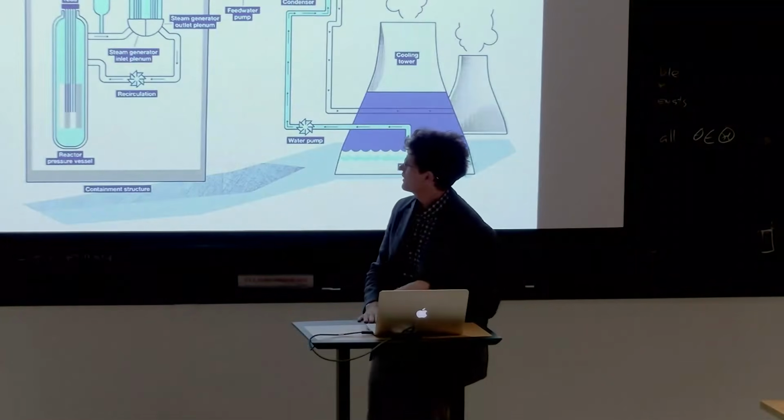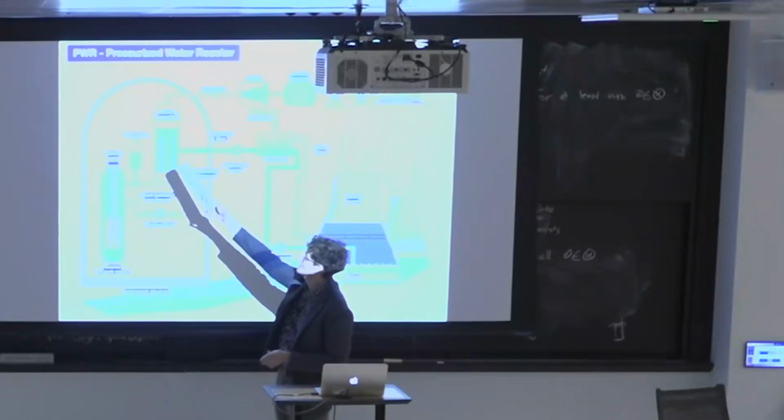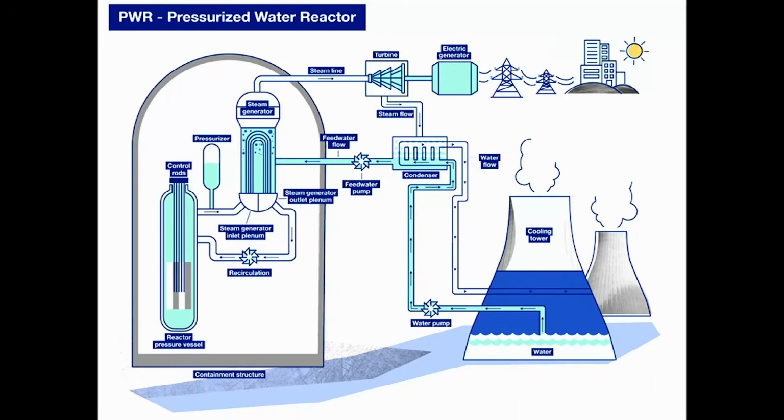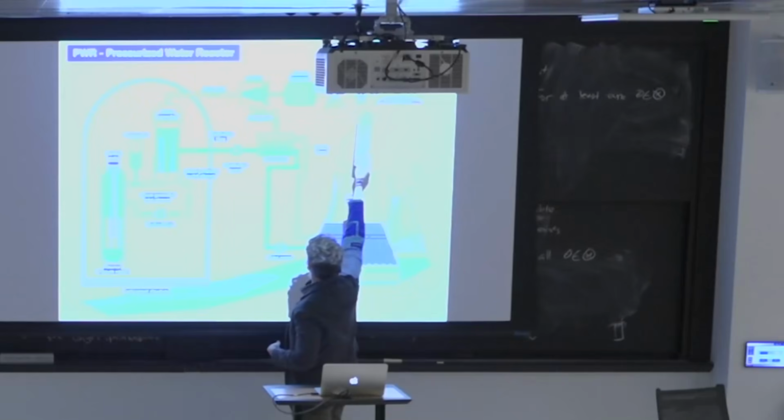All right, so I keep talking about the generator. What do I mean? So here's, again, a pressurized water reactor. Here's the reactor. Here's the steam generator or the heat exchanger. This is the pressurizer, which keeps everything at high pressure. Here comes the steam. There's a turbine that is controlling your electric generator that is making electricity. It's making us happy.